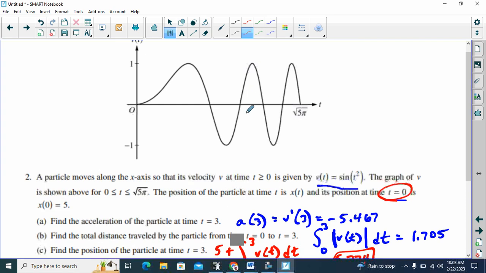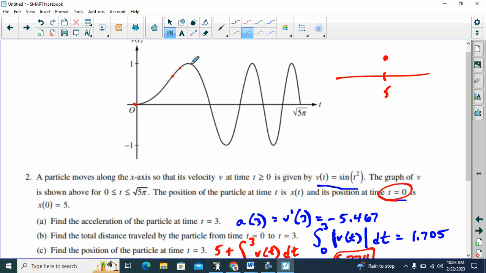Well, I've got a lot of zeros here. We want to consider, do I need all these zeros, or are there some of them that can't possibly be correct? So notice we're starting at time 0. At time 0, it was at 5. So here's 5 at time 0. After time 0, it is moving to the right, because its velocity is positive. It's above the x-axis.